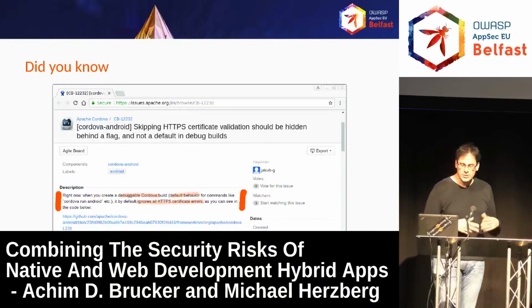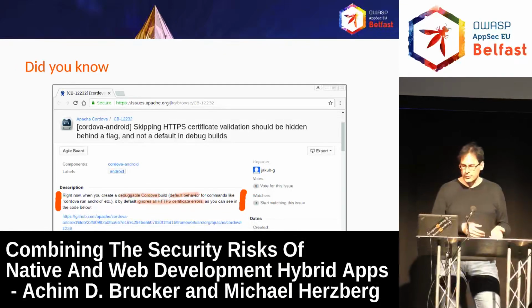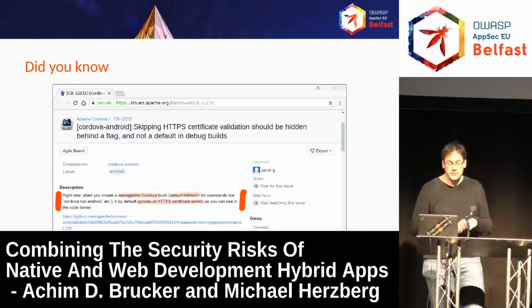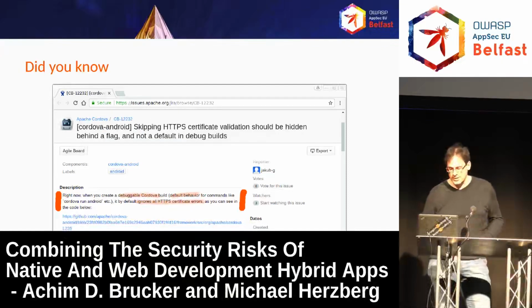That means as soon as you ship, accidentally or by conscious decision, a Cordova app with the debug flag in the configuration set to true, all your SSL certificates will not be validated, even if you have correctly implemented all the SSL certificate checks.